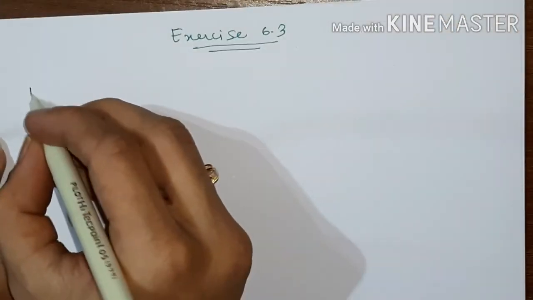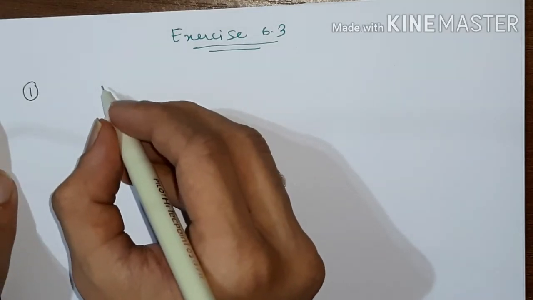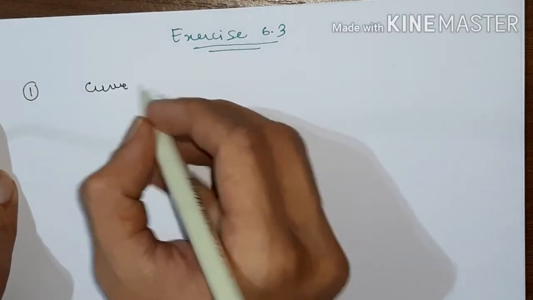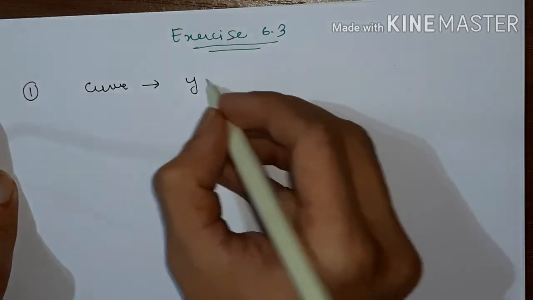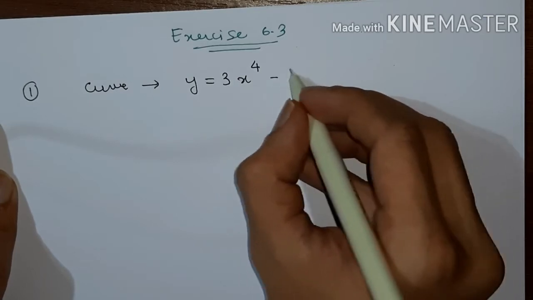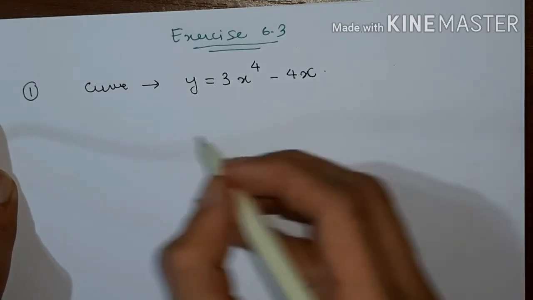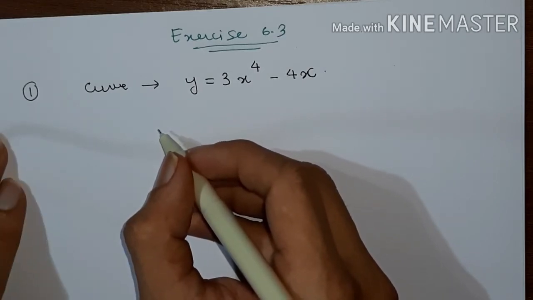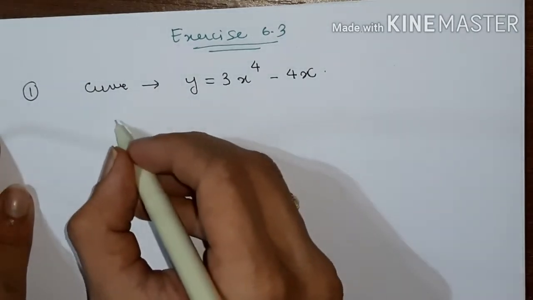So here you have to find the slope of the tangent to the curve. The curve is y equal to 3x raised to 4 minus 4x. We have to find the slope of the tangent to the curve at x equal to 4.